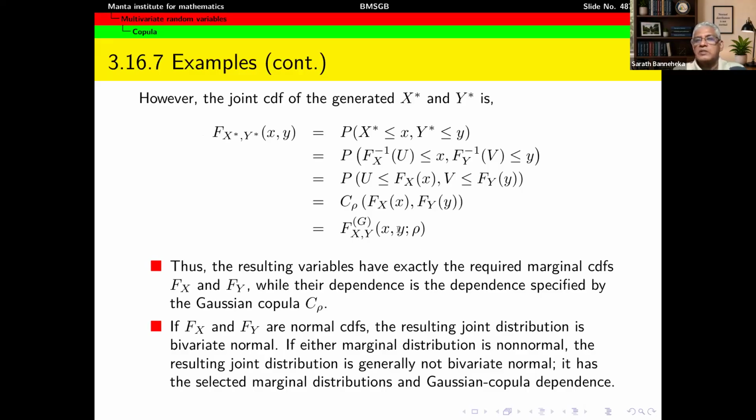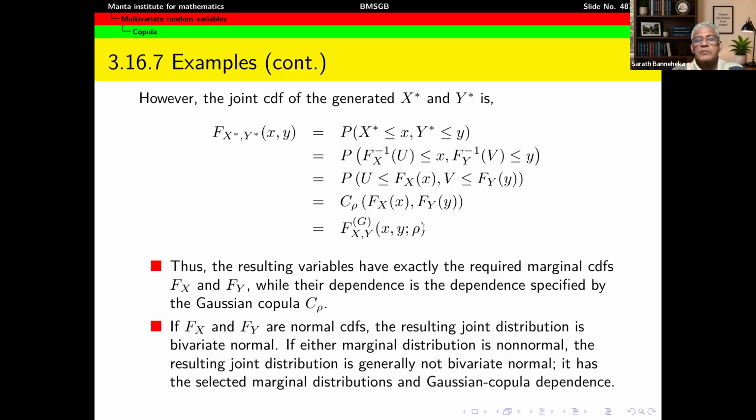But this is a joint CDF, but not necessarily equal to the actual joint CDF of X and Y. This is the CDF generated by the Gaussian copula.